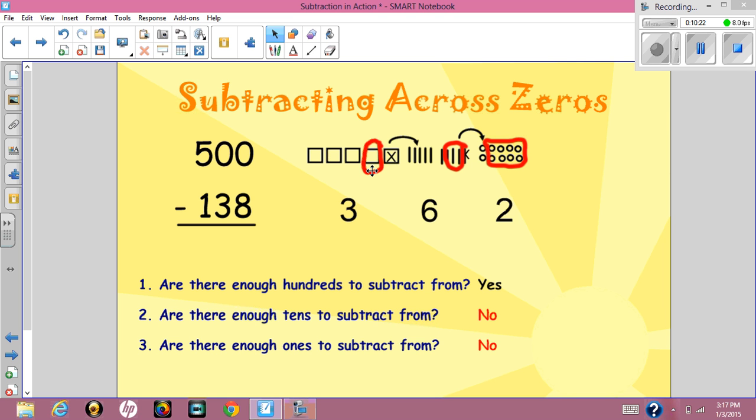Now, if you simply count what was left, we have 3 100 boxes, we have 6 10 sticks, and we have 2 ones. So the answer to our equation of 500 subtract 138 is 362.